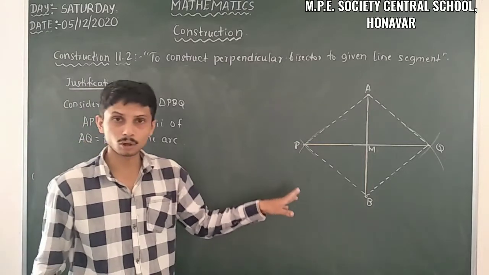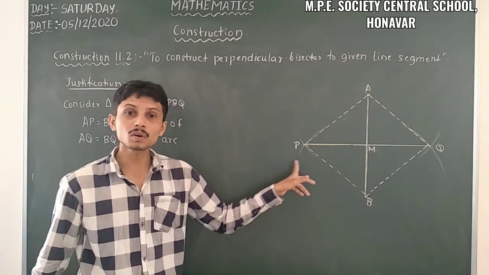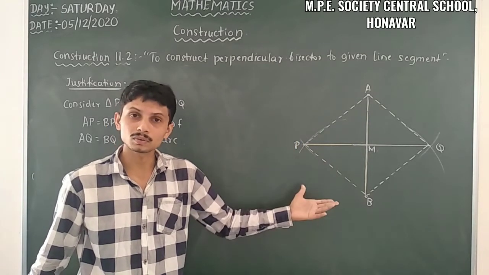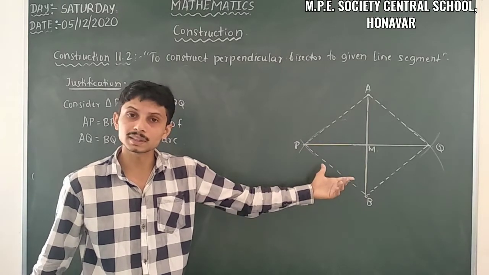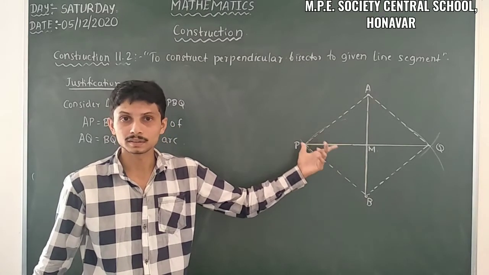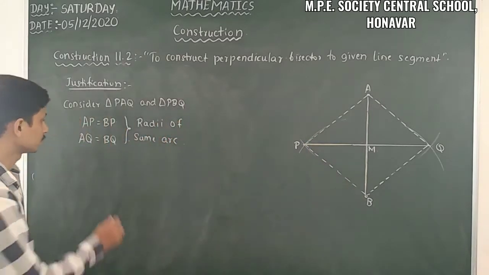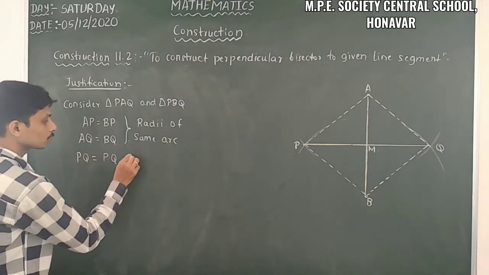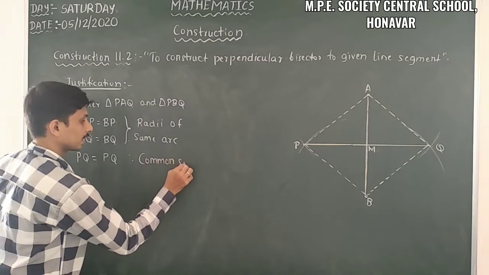Next equality we want: just observe here, PQ and PQ. PQ is the common side for those two triangles, the base of those two triangles. So PQ is equal to PQ because it is a common side.